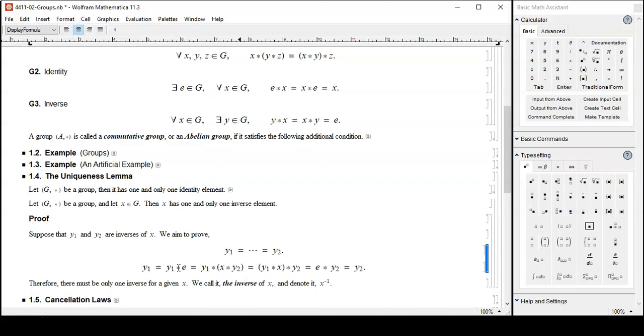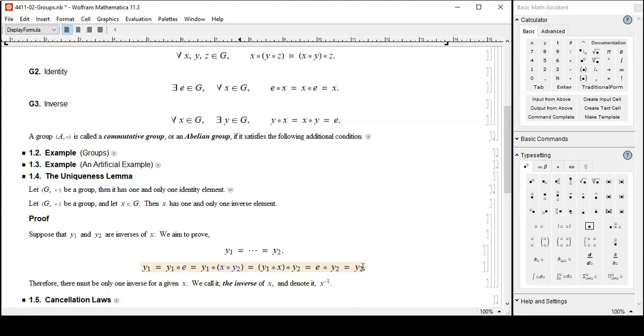Okay, y1 is y1 star E, so far so good, but E is x times y2. We already have y1, so it's time to get y2 involved. So E, which I highlighted in blue, is x times y2. Get that?